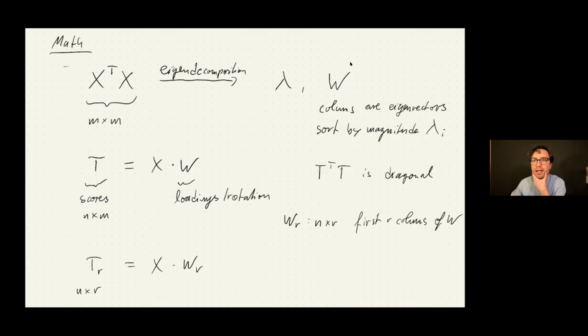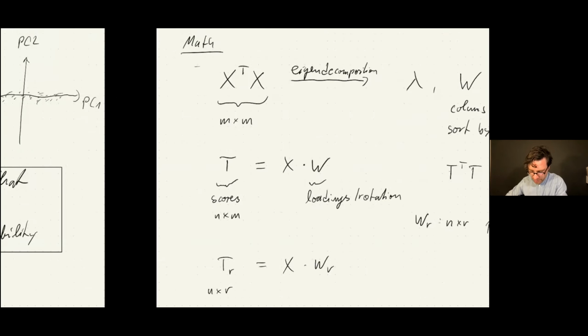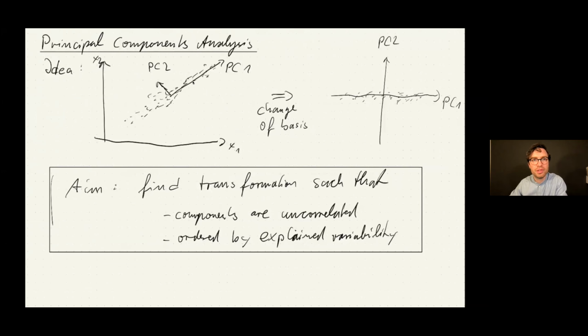Could you repeat, how do we decide at which point to truncate W, and what exactly do we mean by sorting by magnitude of the eigenvalues lambda? Okay. This is the covariance matrix, right? Do you see my mouse? Yes.